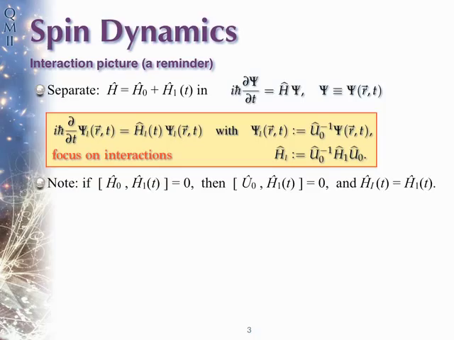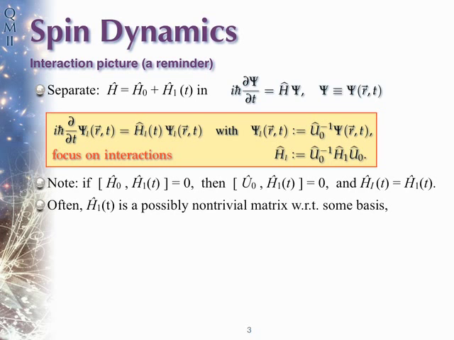So then, U0 inverse H1 U0, you can move U0 over to the left, cancel it with U0 inverse, and therefore HI is the same thing as H1. The interesting part of the Hamiltonian actually doesn't change.